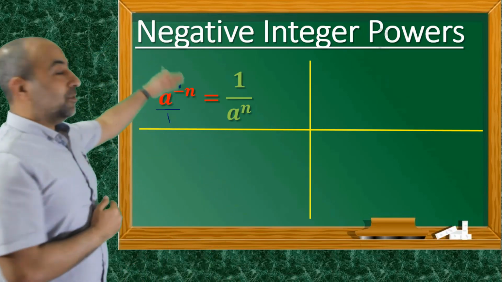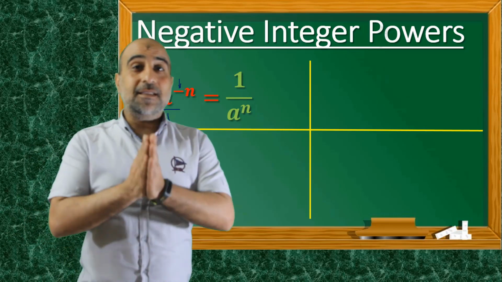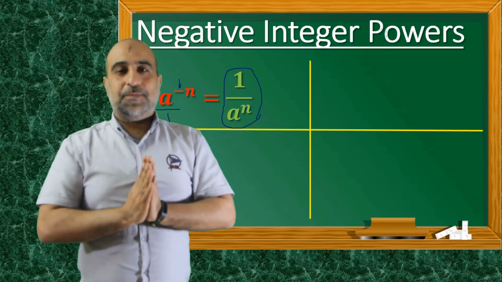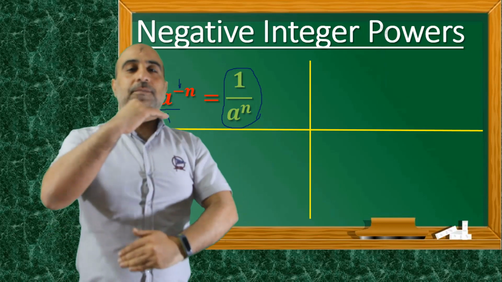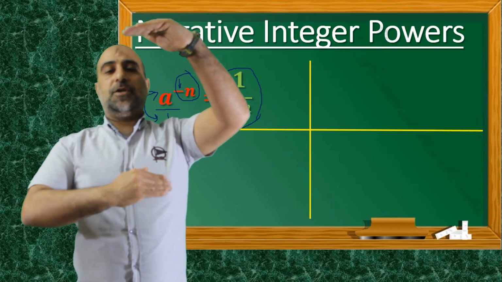It will be 1 over a to the power of n. That's all. The reciprocal is turning the rational number upside down: the numerator becomes the denominator and the denominator becomes the numerator.